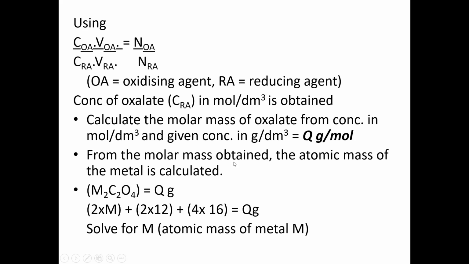So the molar mass of this oxalate, M2C2O4, you are going to get from your molar concentration and your mass concentration. And once you know this, you can easily find your M, which is the atomic mass of your metal. And that is the end of the experiment.